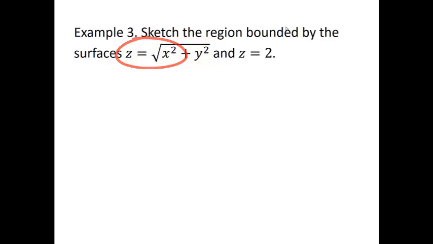So that's a straight line. And similarly, focusing on the yz plane, we basically have z equals y. So this is the top half of a cone. So we want the top half of a cone, but we want it bounded on top by a horizontal plane, z equals 2. Let's go over to Geogebra and take a look.